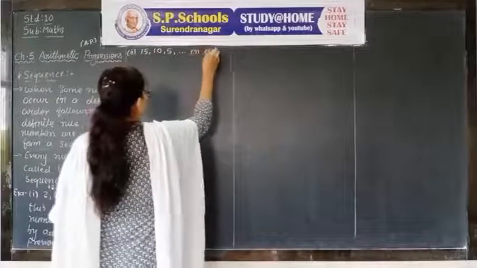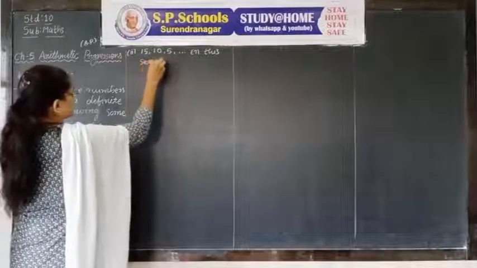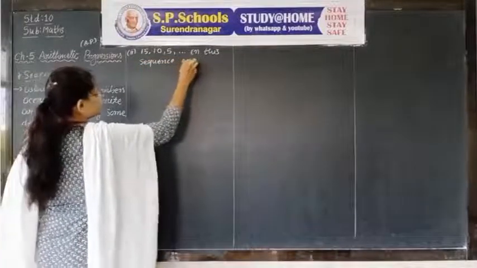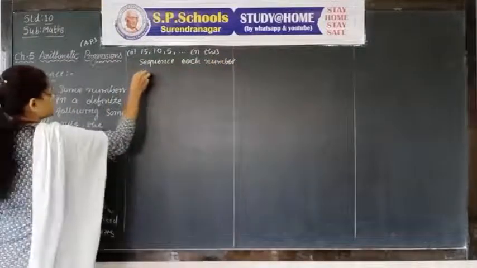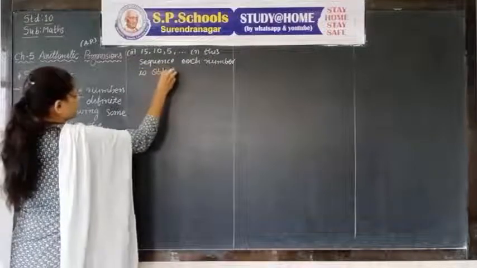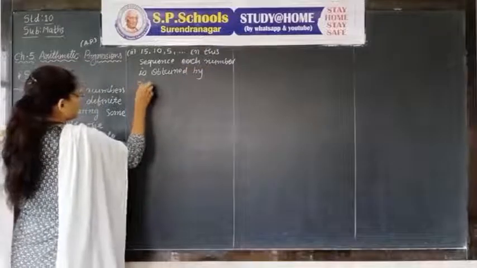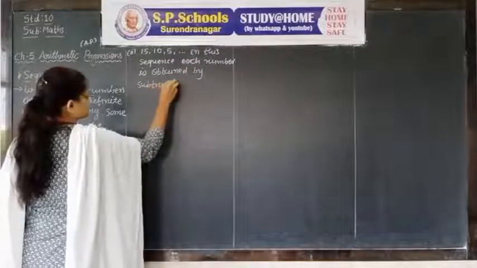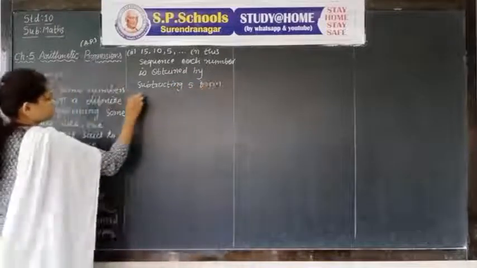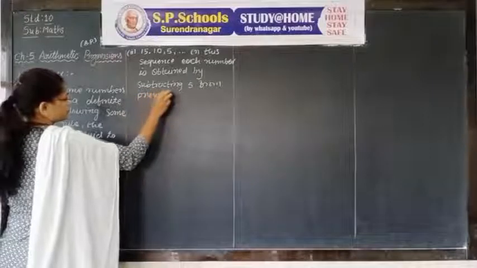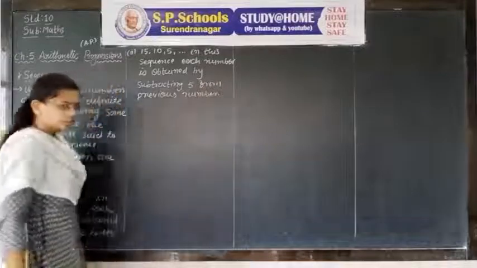In this sequence, each number is obtained by subtracting 5 from the previous number. It is again an example of a sequence.